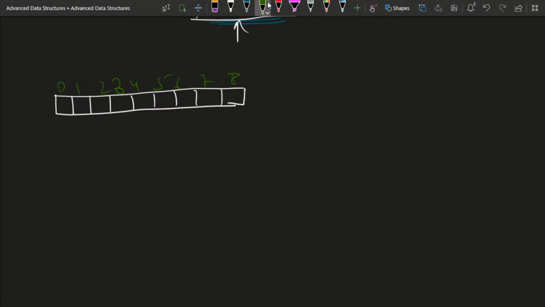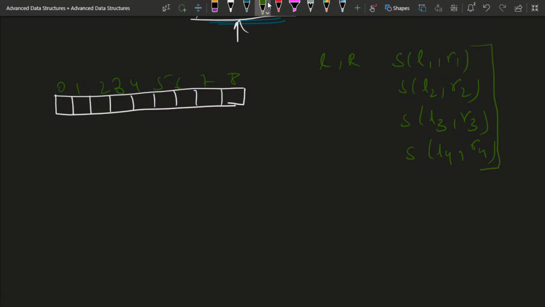Now suppose we are getting these L to R queries: L1 to R1 is the first query, L2 to R2 is the second query, L3 to R3 is the third query, L4 to R4 is the fourth query.